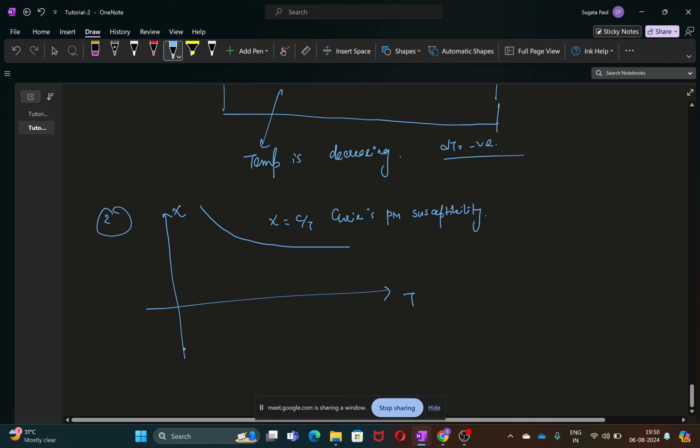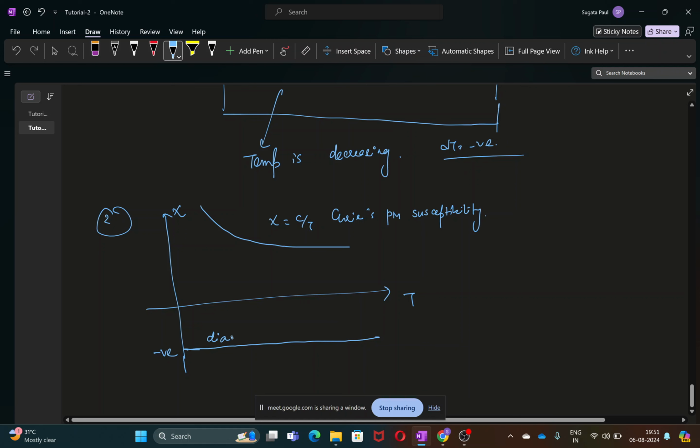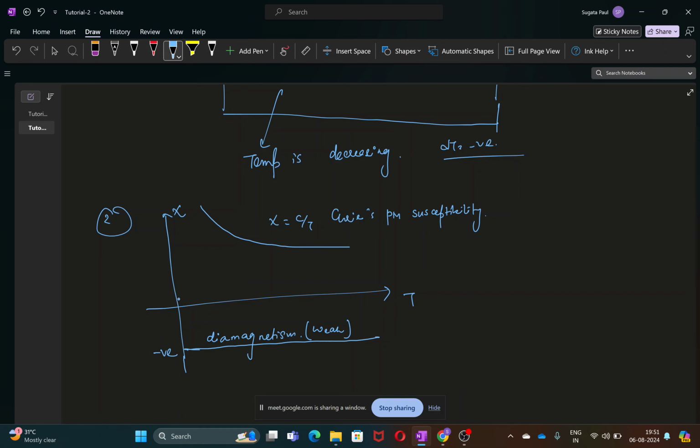And then for the diamagnetic case, you have a temperature independent value, which is not so dominant like the Curie term, but it is a negative value because diamagnetism means the spins align in the opposite direction of the field. So that is why your chi is negative. This is the weak diamagnetic contribution that is inherently present in any system. The strength of the diamagnetism is not very much in a system.